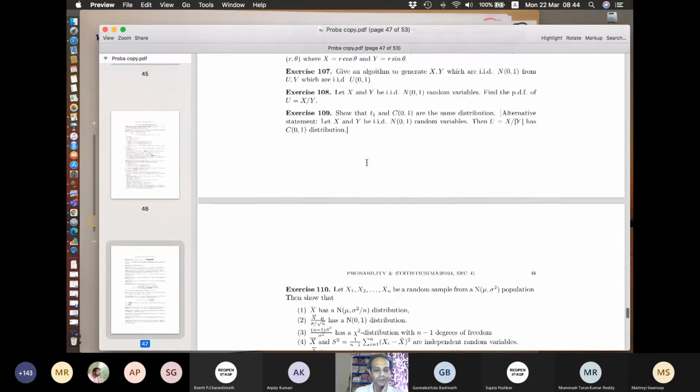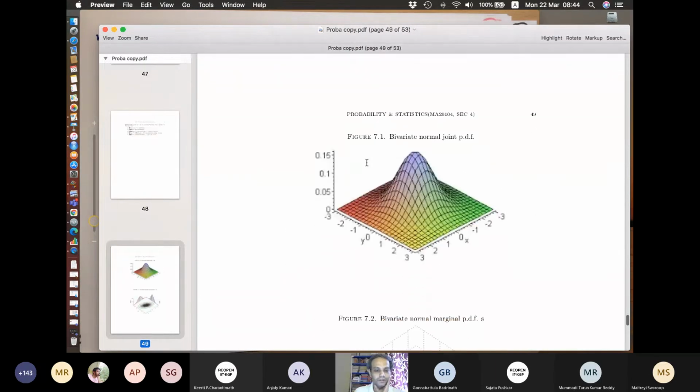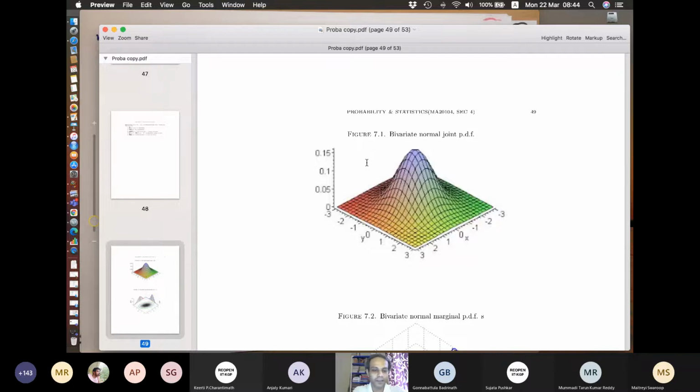Okay, we are starting the joint density. Here is a typical bivariate. Can you see this PDF?